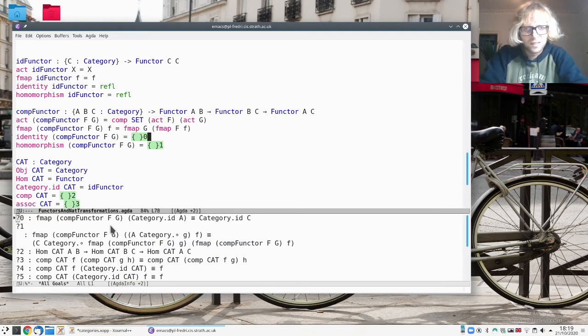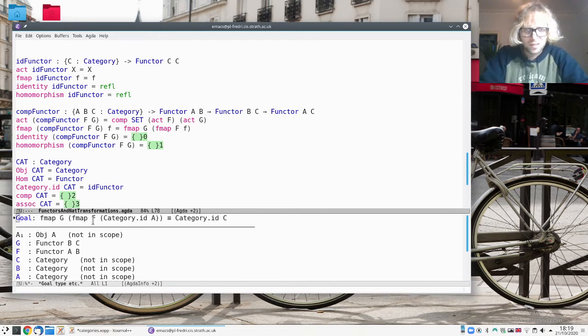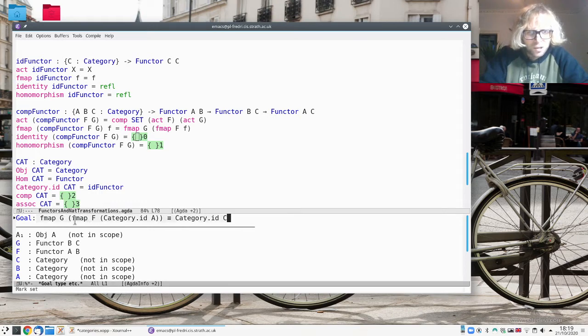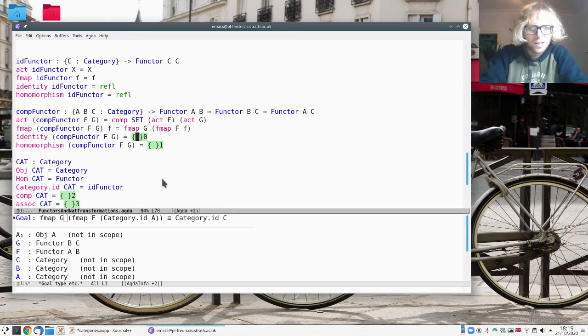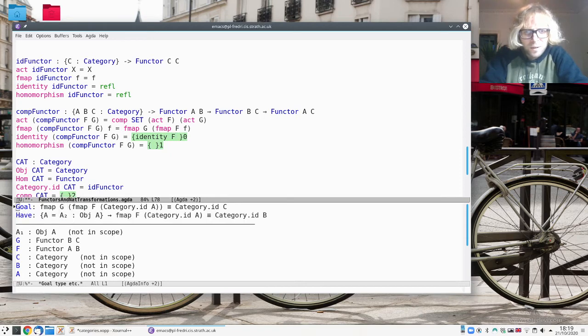Okay, but let's check that it preserves identities. This is what we need to prove, but I know that f preserves identities, so this should be an identity in B, and then G will preserve that in turn. So I do identity of f, congruence of fmap G of that, that's the good first step.